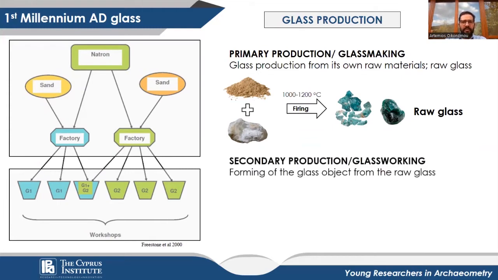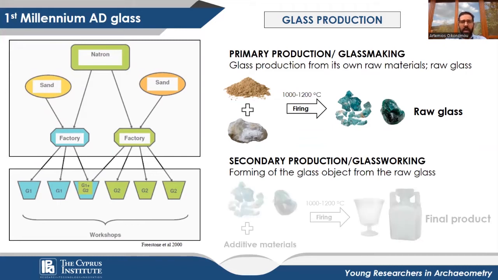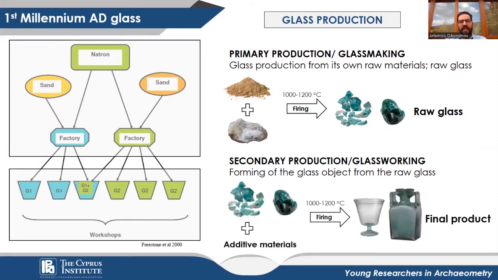And the subsequent forming of the objects takes place in the secondary production. These two distinct procedures were also taking place in different locations. There are only a few primary workshops melting huge amounts of raw materials, as we will see later, and distributing the raw glass to the secondary glass workshops.